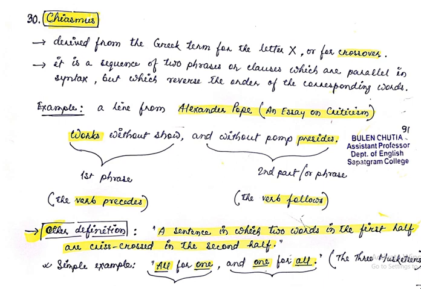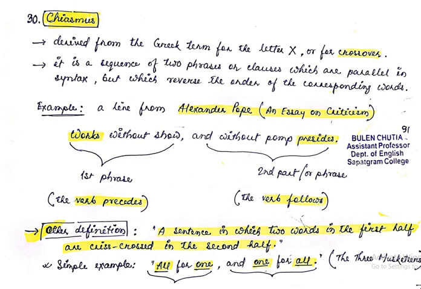This is why it is written that it is a sequence of two phrases or clauses which are parallel in syntax. That is, the grammatical construction is the same, but the order or the places of the words are being exchanged.